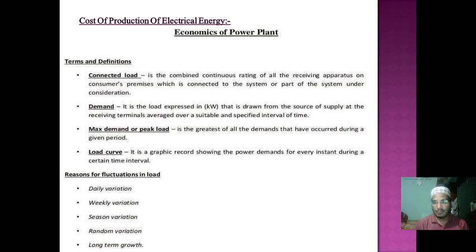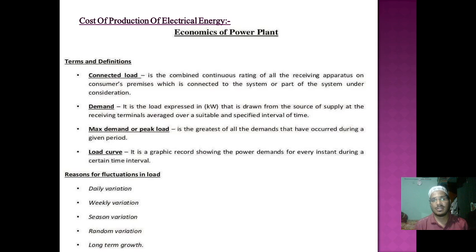First of all, we have to know how much capacity and amount of material we are giving to the power plant sector to produce the power. So first we have to know the terms and definitions.